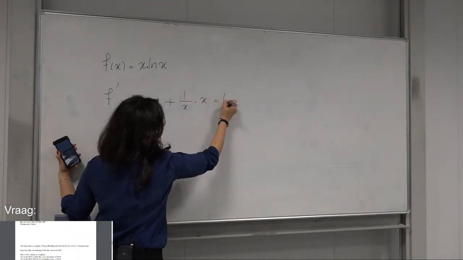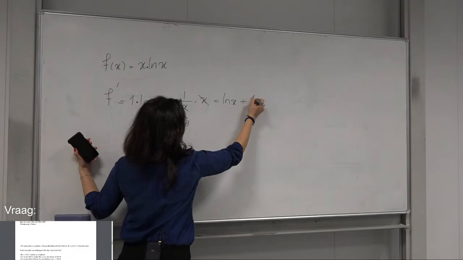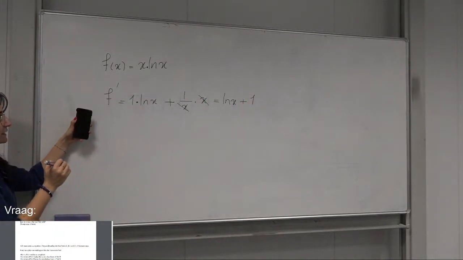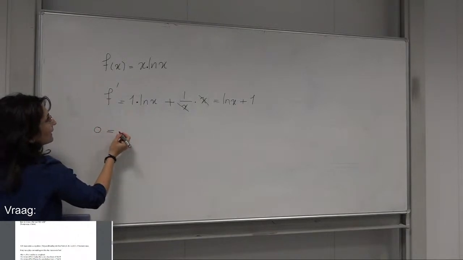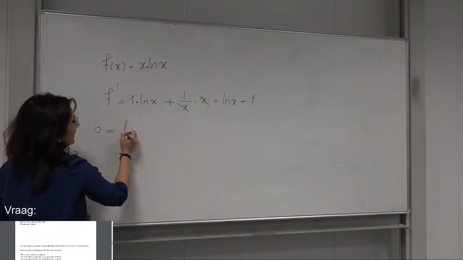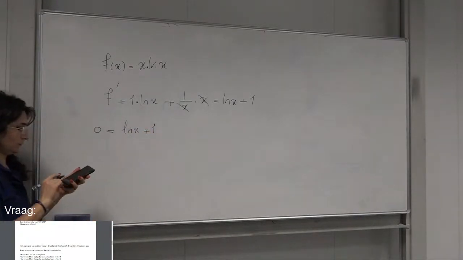So I have ln x at the end, plus this one cancels this one, plus 1. So this is the derivative. And when the derivative is 0, then I can have a maximum or minimum. So ln x plus 1.